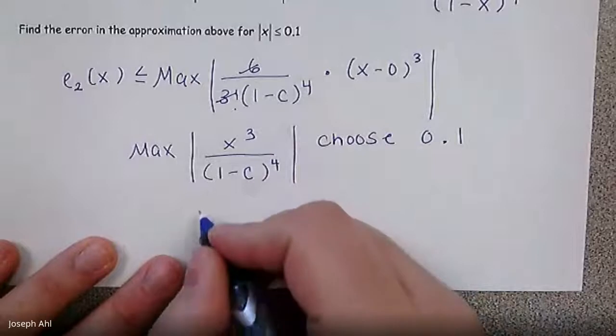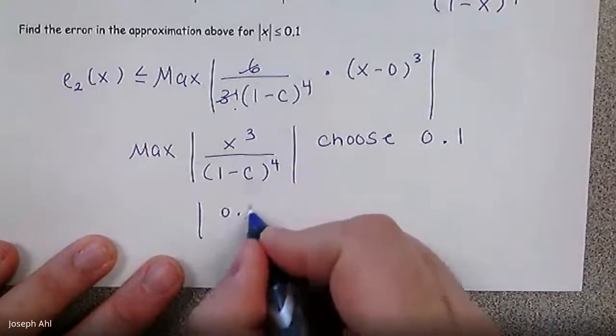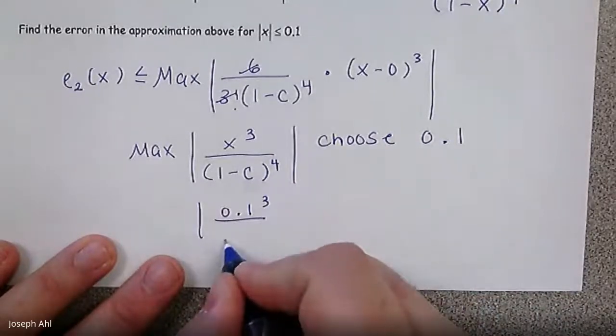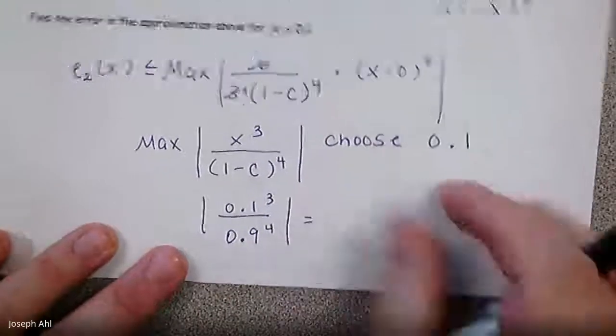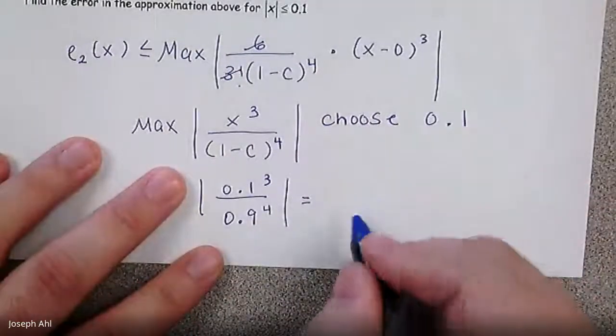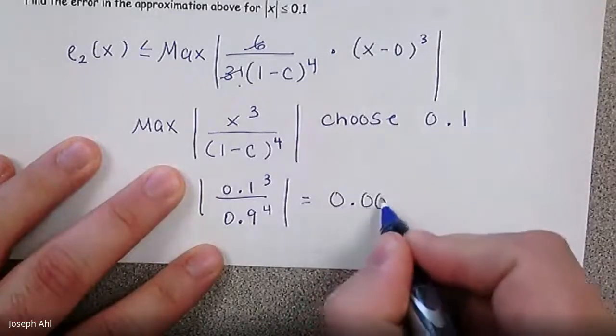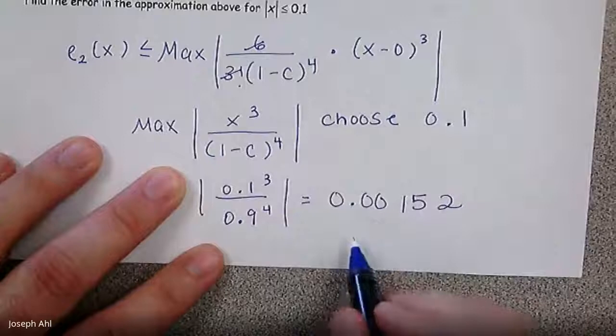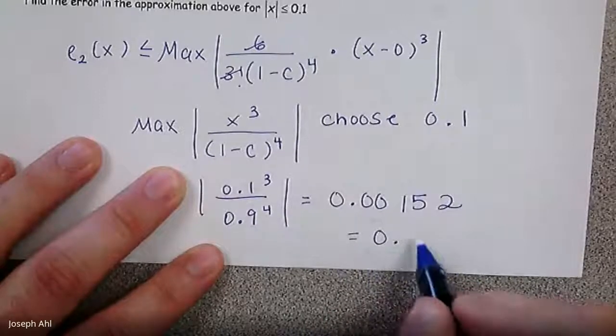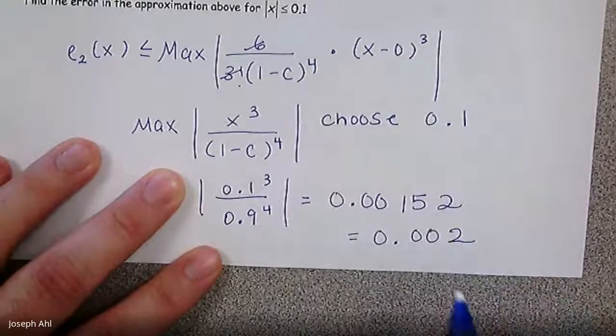So what that results in is the absolute value of 0.1 cubed over 0.9 to the 4th, which turns out in this case to be, if you calculate that, 0.00152. So to 3 decimal place accuracy, this is 0.002.